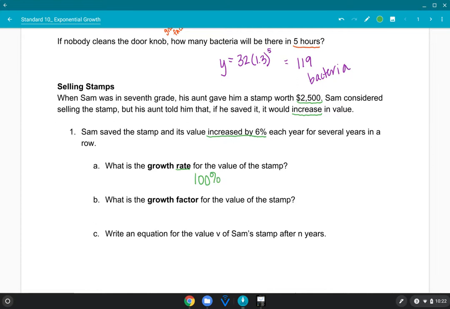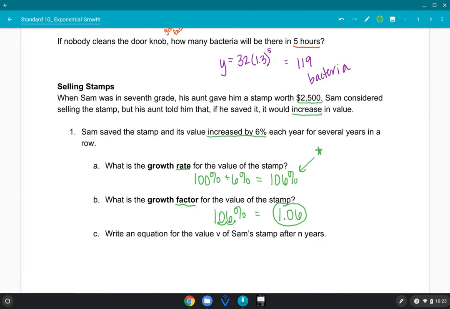We do 100% plus 6%, and so that would be 106%. The growth factor is where you take that percent and put it into a decimal. So I'm going to move the decimal back 2 spots. 1.06 is your growth factor.